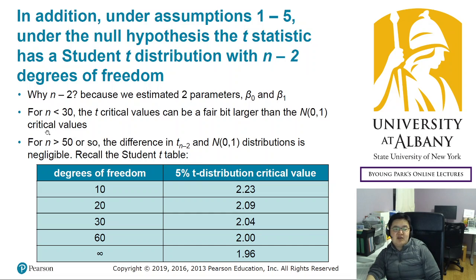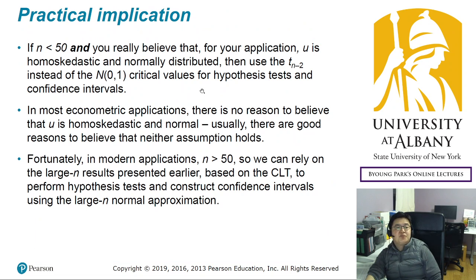Having more than 50 observations is like observing quarterly data for 12 years or so, which is not that difficult these days. We have data analyzed from the recent 20 years, or from World War II, and almost always it's not a big problem. So I do not teach the student t distribution here.